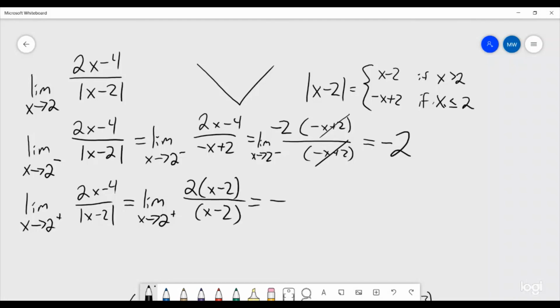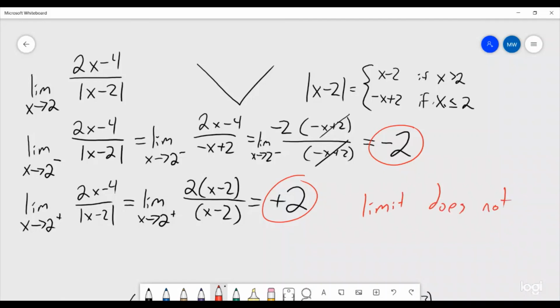And so this is equal to positive 2. Because these two values are not the same, this tells us that the limit does not exist. It goes to two different values on two different sides.